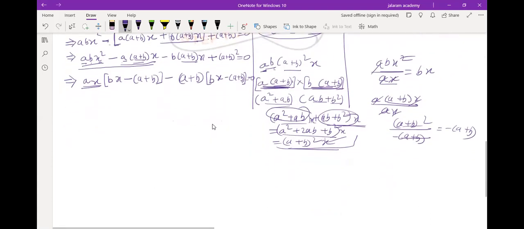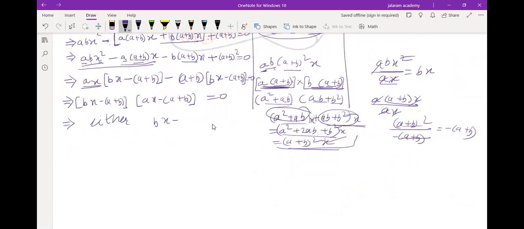Equals 0. It implies (bx minus (a plus b)) into (ax minus (a plus b)) equals 0. It implies either the first bracket bx minus (a plus b) equals 0, or the second bracket ax minus (a plus b) equals 0.